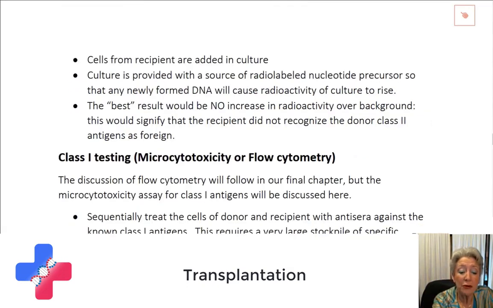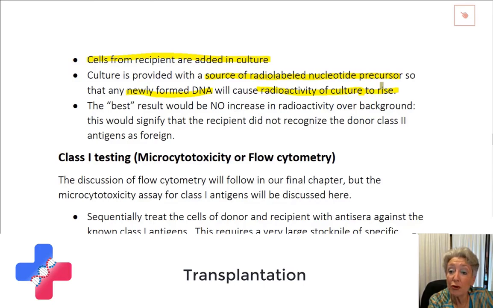Okay? The cells from the recipient are now added in culture, and I provide them with a source of radio-labeled nucleotide precursor. So if the cells from the recipient look at the cells from the donor and say, that MHC looks foreign to me, then interleukin-2 will be produced, and the result will be that I will begin to synthesize new DNA, which will cause the increase in radioactivity of the culture.